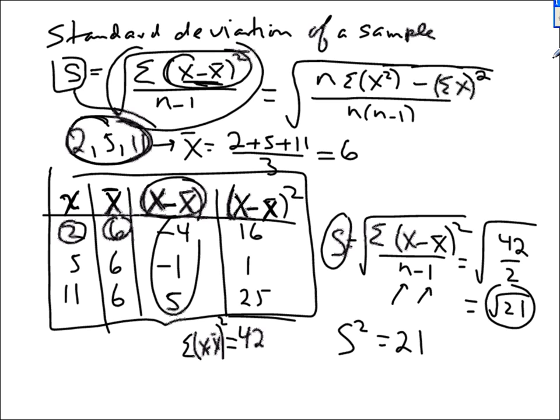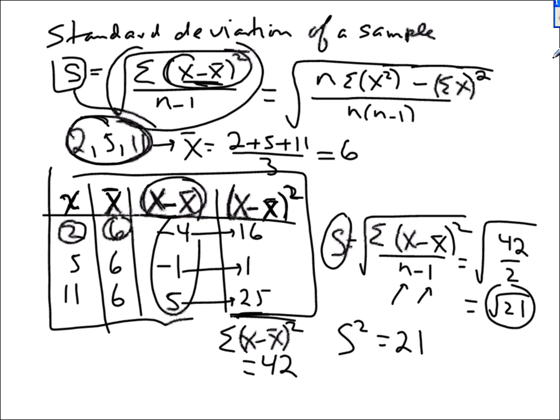X minus x bar squared. Negative 4 squared is 16. Negative 1 squared is 1. 5 squared is 25. And I added them up. I got exactly what I wanted. I got the summation of x minus x bar squared. Let's write that down a little bit more neatly. I add up these numbers, and I'll get the summation of x minus x bar squared, which happens to be 42.